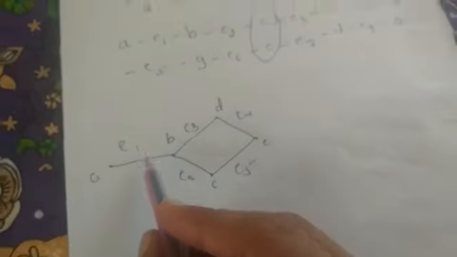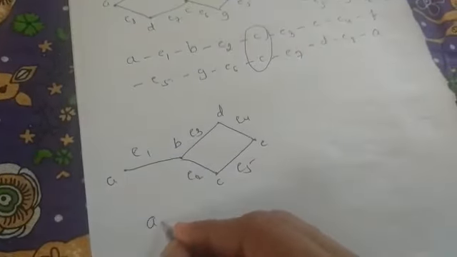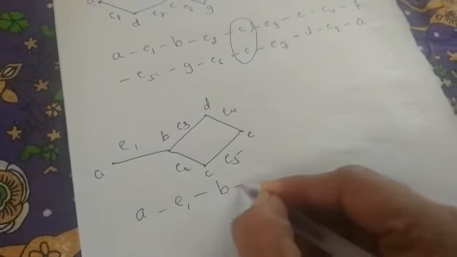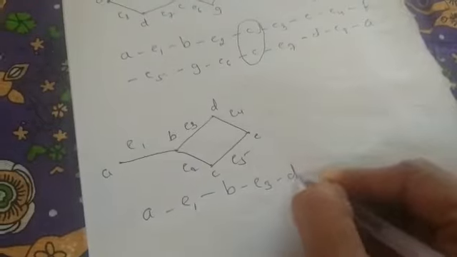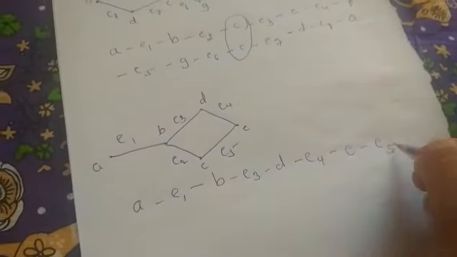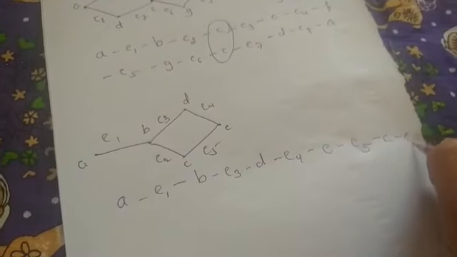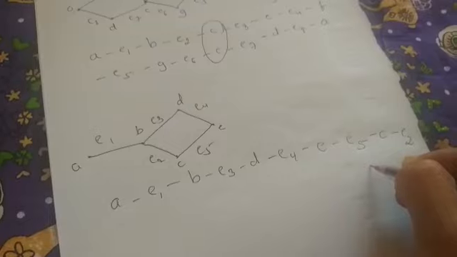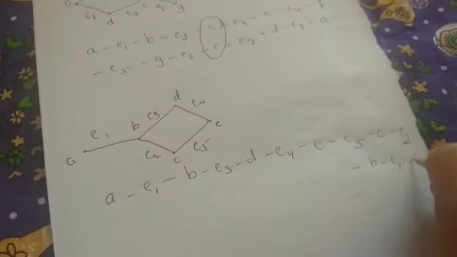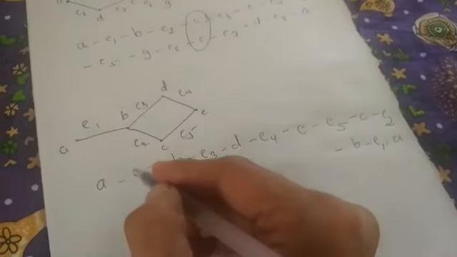I try to construct one more walk from A: A, E1, B, E3, D, E4, E, E5, C, E2, B, E1 and A. So observe this walk.